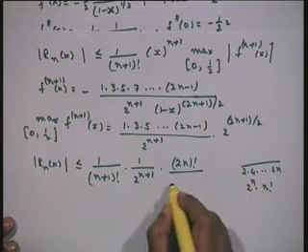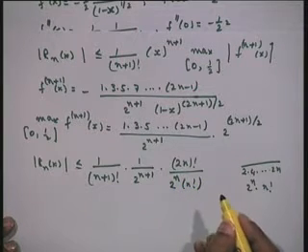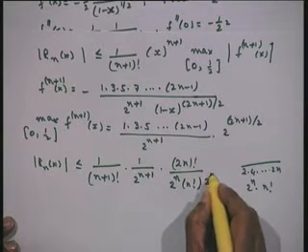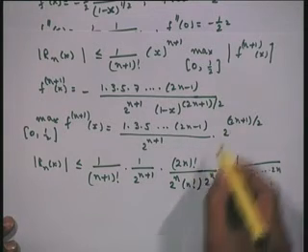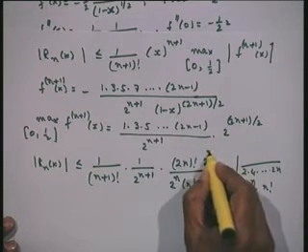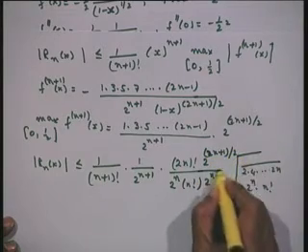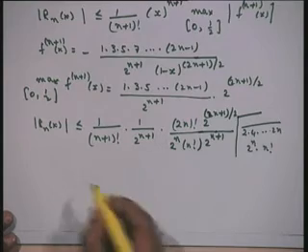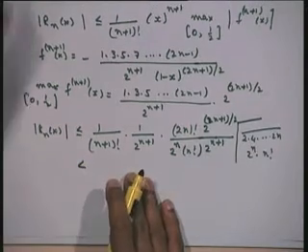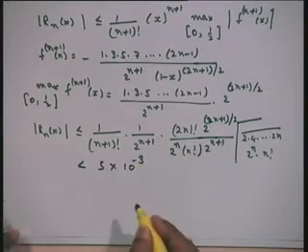So, the denominator will be 2 to the power of n, n factorial, and this 2 to the power of (2n plus 1) by 2. And this should be less than 5 into 10 to the power of minus 3, which is given.